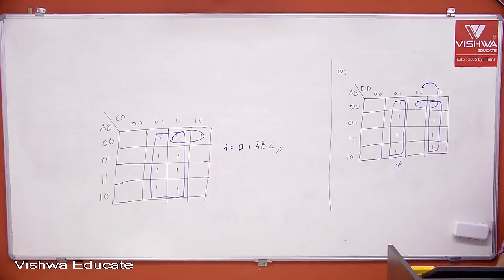So be careful. Sometimes to confuse you, they will give the 1, 0, 1, 1 format also. You should exchange first, then you should minimize.